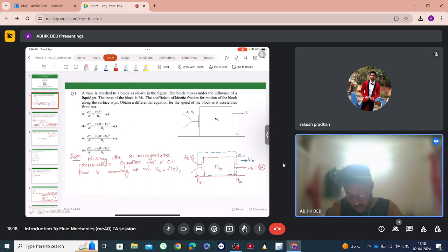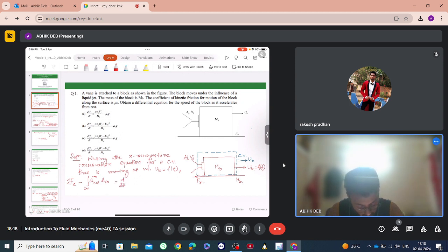So, sum of the forces in the x direction minus there will be a component, a relative acceleration and dm. This component will come because the control volume is accelerating.